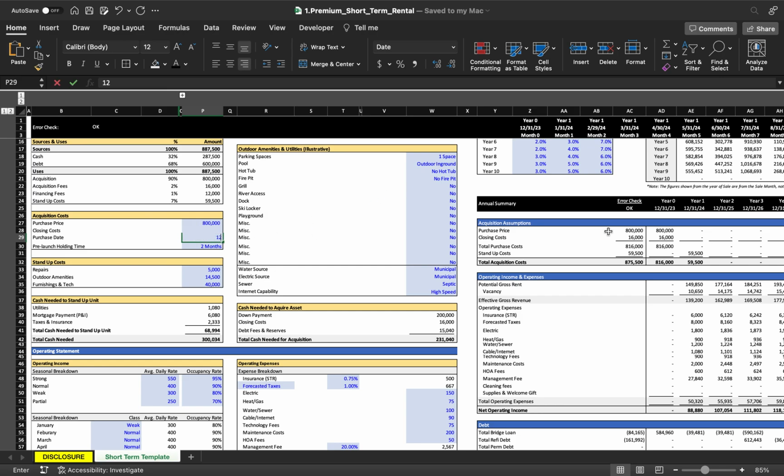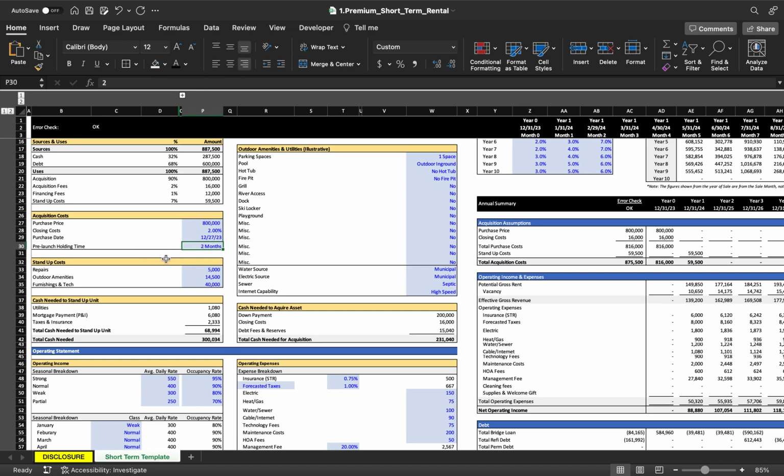So if we made this 12/27/23, you'll notice that nothing changes because this is 12/31/23 before. And you'll see this year zero, the period that you are acquiring the asset, is going to be the last date of the month that you put in here.